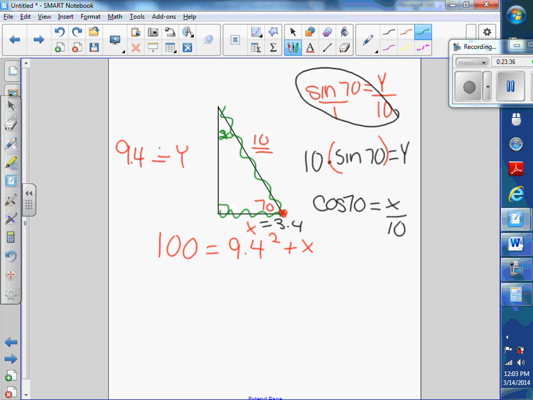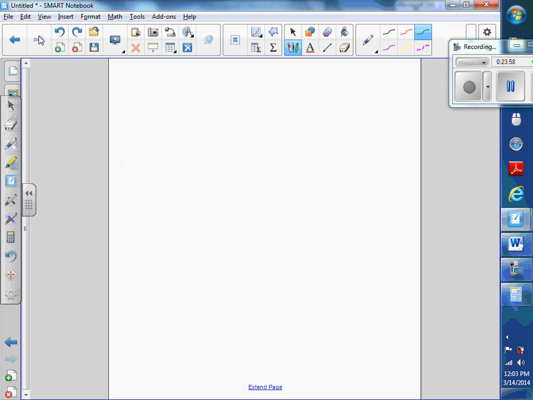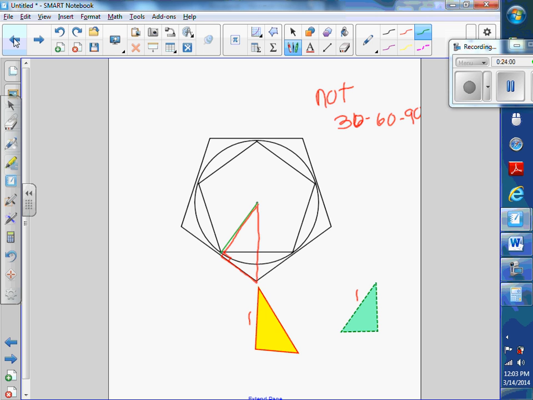Okay, so I see how this would work for the first two problems on the group sheet, but then when you get to the pentagon. Okay. Can we go with this and try the pentagon together? This type of trig is right triangle trig. It works for the acute angles in a right triangle. So let's look at the pentagon. Okay?